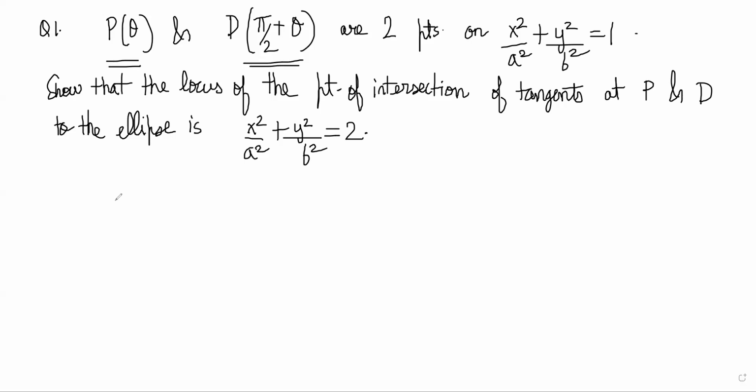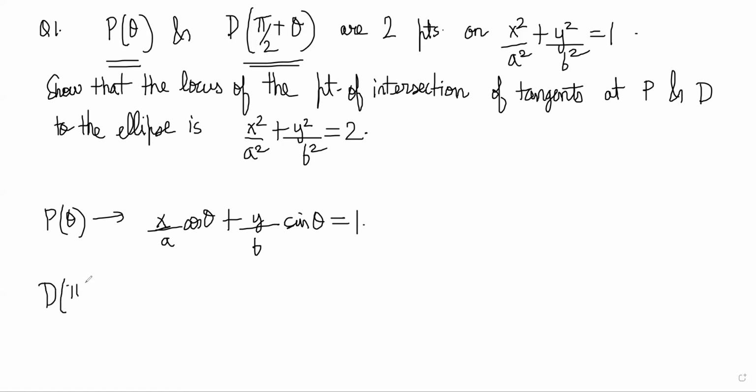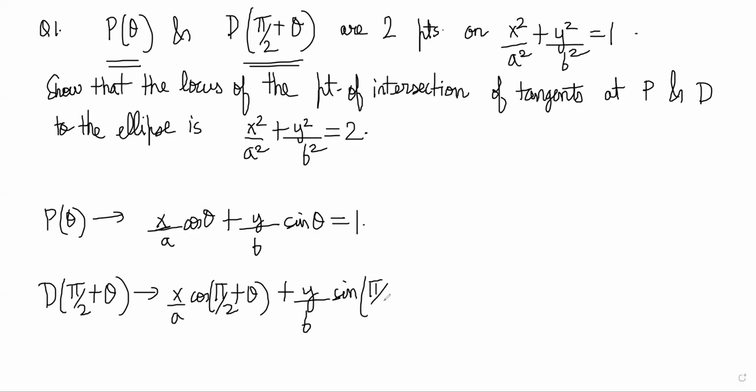Okay. So at p theta, equation of the tangent would be x by a cos theta plus y by b sine theta equals 1. And at d, which is pi by 2 plus theta, the equation would be x by a cos of pi by 2 plus theta plus y by b sine of pi by 2 plus theta equals 1.